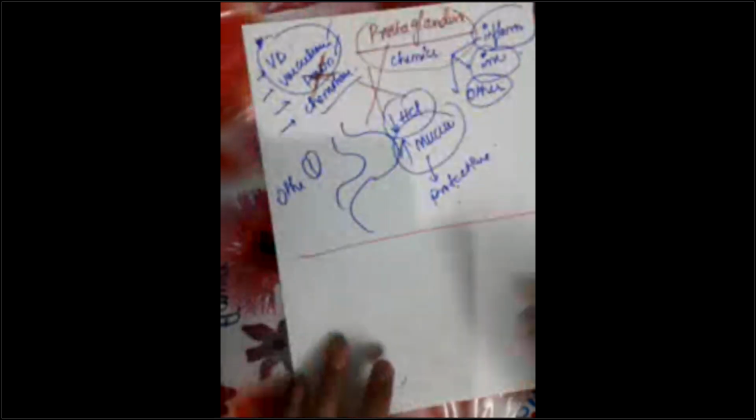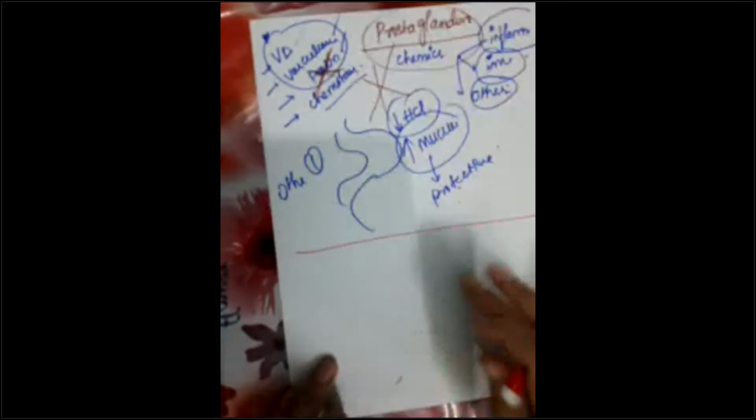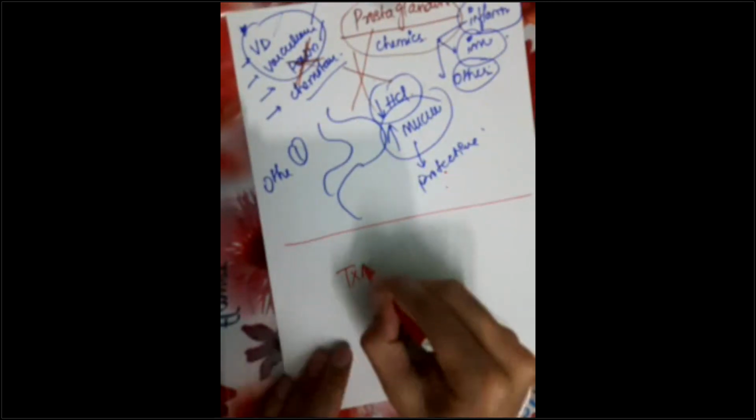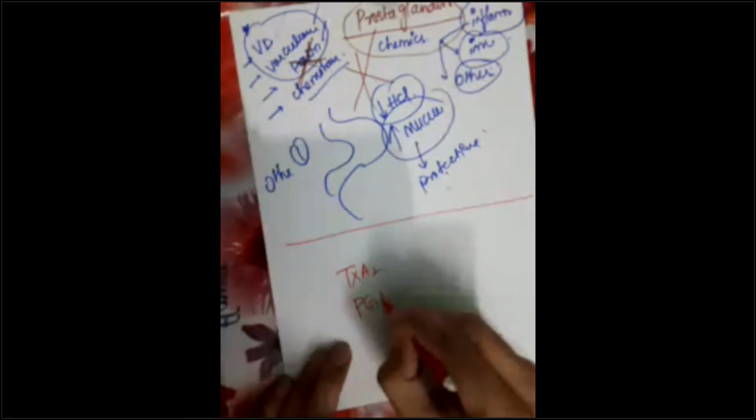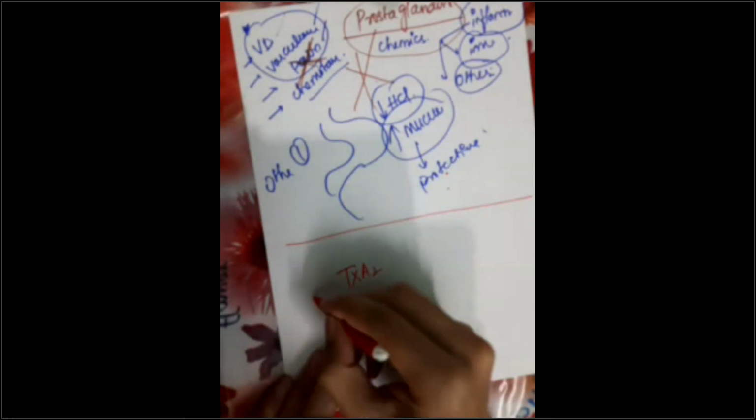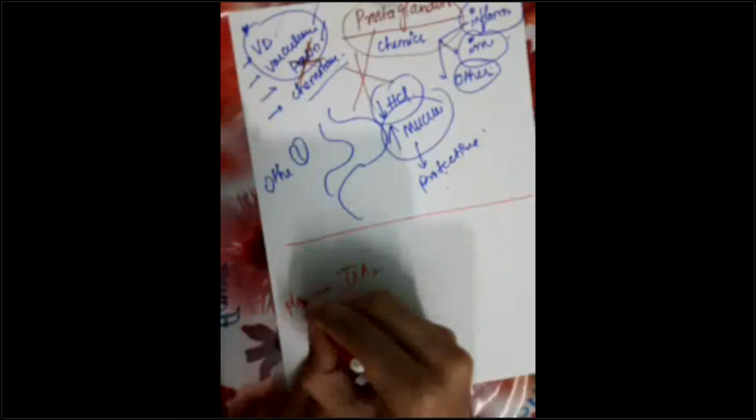PGI2 they want? Okay. What is PGI2? You have asked. We have all these prostaglandins: PGE2, thromboxane A2, PGI2 and PGF2 alpha. So there are two things, thromboxane and prostacyclin, PGI2. Where are these present? Thromboxane is present in your platelets, and PGI2 is present in your endothelium.